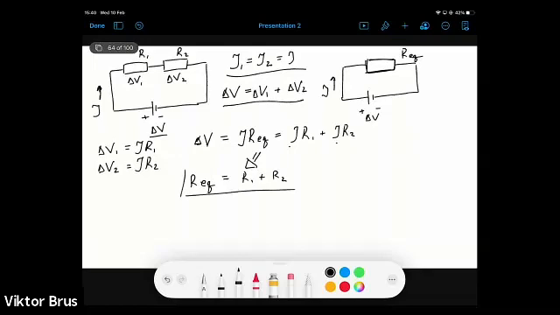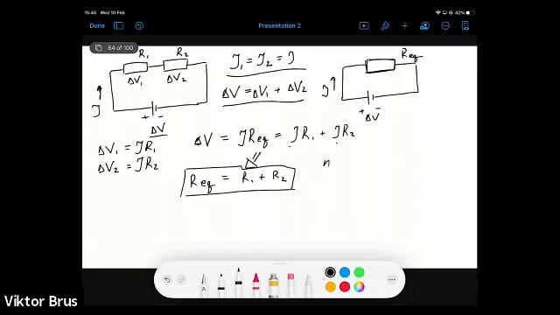So when we connect resistors in series, we have to add the electrical resistances in order to get an equivalent resistor, a single resistor which represents the same resistance as a battery of resistors connected in series.